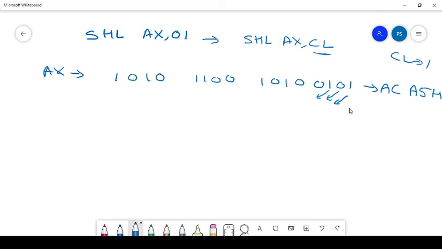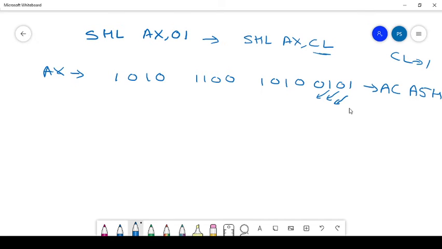1101 means 8 plus 4, 12, plus 1, 13. 13 means D, 9, 4, A. If the instruction is SHL AX, 02, then we have to go for another one time. That means I am shifting simply 1, 0, 1, 0, 0, 1.